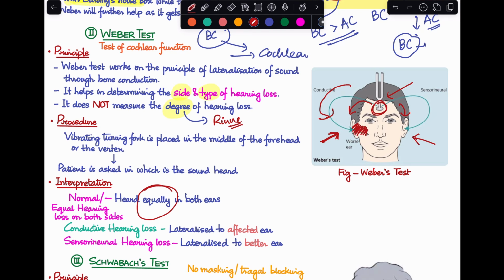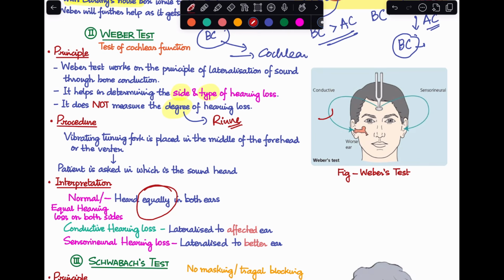Why will that happen? Let's say in this case, the left ear has sensory neural hearing loss. That means the cochlea is damaged on the left side. So now, when you are placing the tuning fork, it is supposed to be perceived by both cochleae.